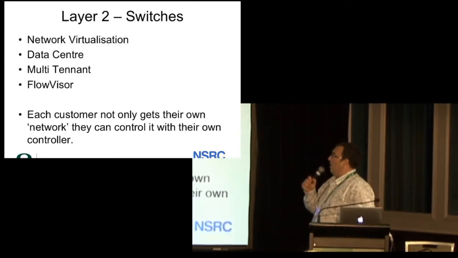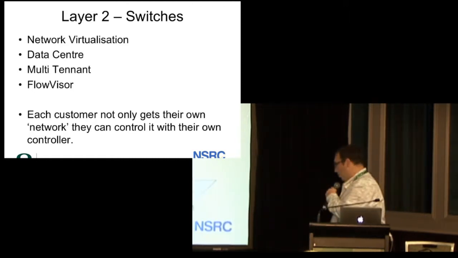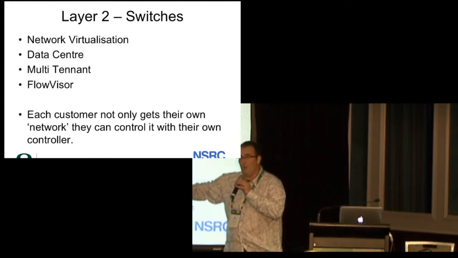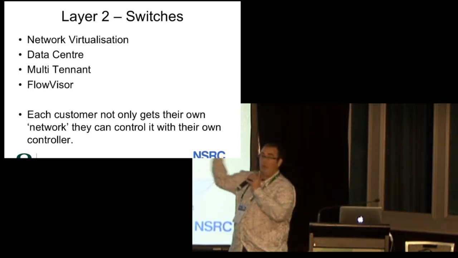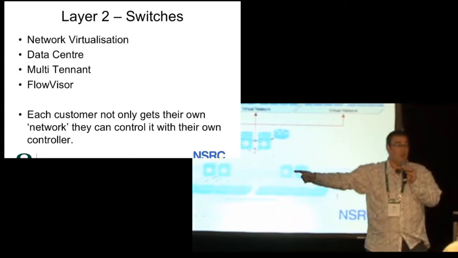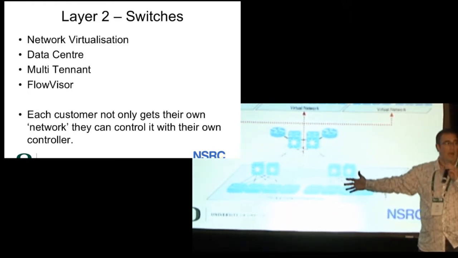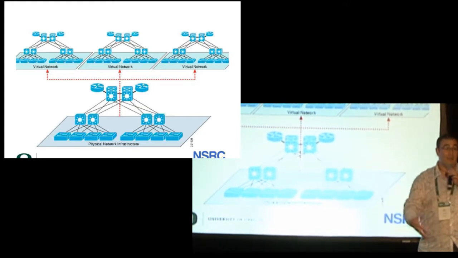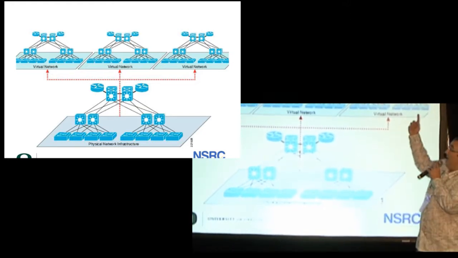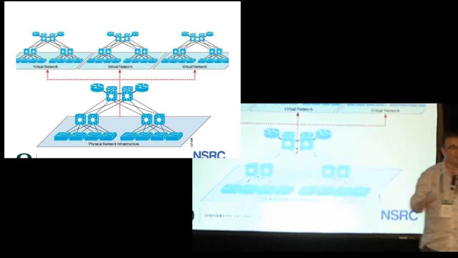So where we're seeing a lot of layer 2 stuff in this is really around the network virtualization, data center, multi-tenant stuff, where what you want to do is you want to take the physical network which you've spent so much money on within your data center and replicate it 3 times. If you had to build one of these for each client, then you could only have one client, or it would cost a whole lot. If you can actually do meaningful overlays and replicate this out within your data center, that's where the money is to be made.